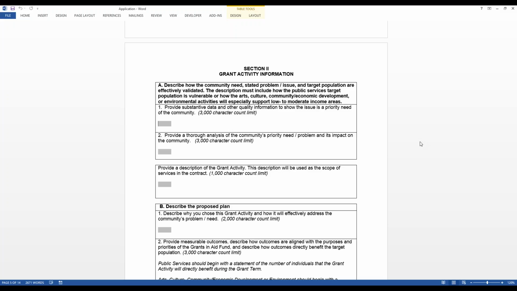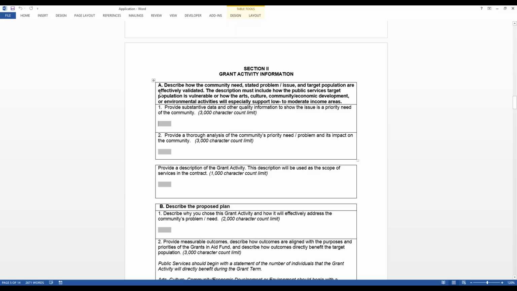As you may know, we're not experts, and the Grants in Aid Commission is not going to be an expert in all the fields and all the activities that you do. So again, make sure your answers are very comprehensive and easy to follow, and that they explain what you're trying to do.